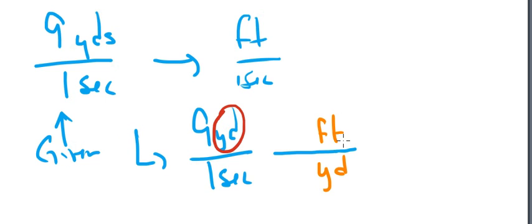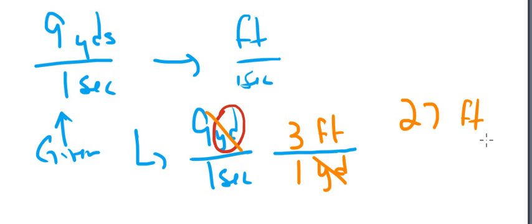Once again, I know 1 yard is equal to 3 feet. So I've canceled out my yards. I'm left with feet and second, which is what I want, feet per second. 9 times 3 is 27, and that's feet per second. The math is done. That's my answer.